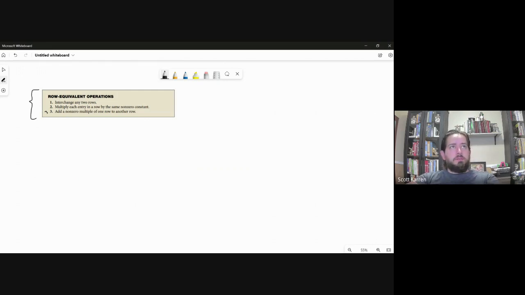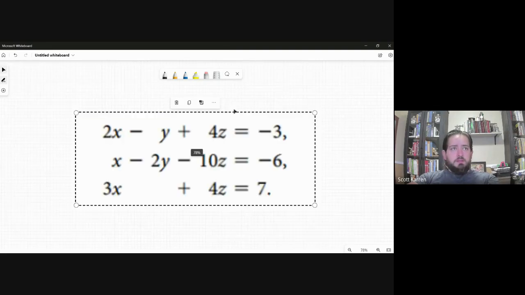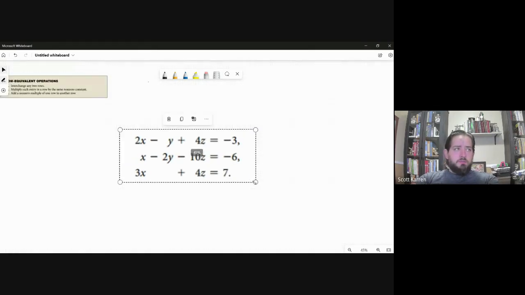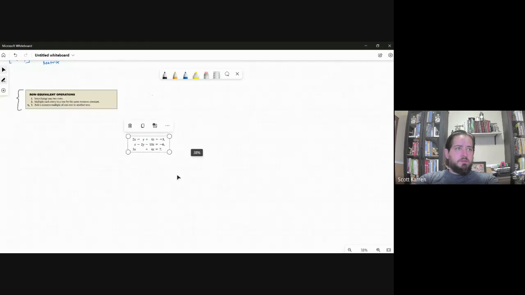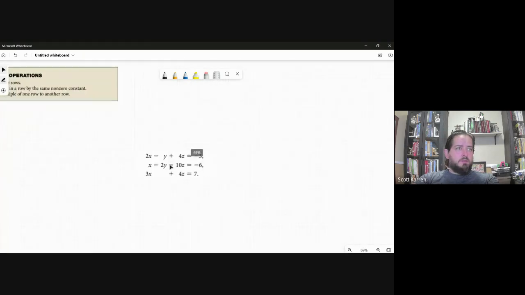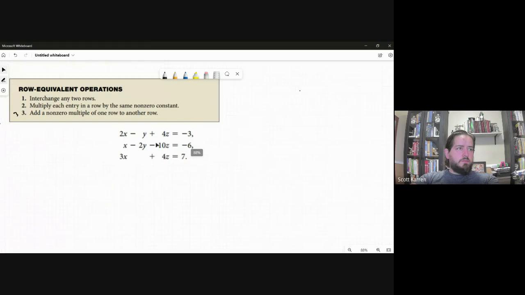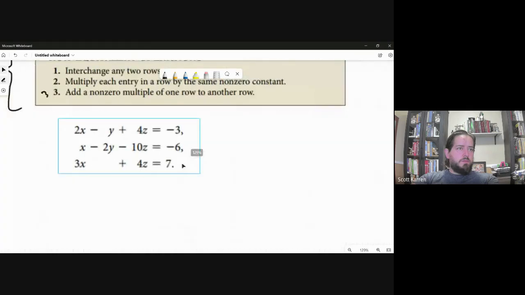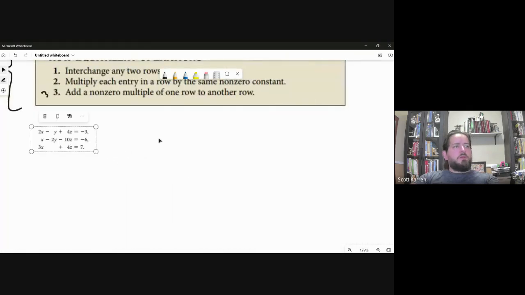So let's take a look at a system. Oh man, excuse me. So here's a very large system. All right, so I have that. There's my system. The very first thing I want to do is to rewrite this in matrix form.